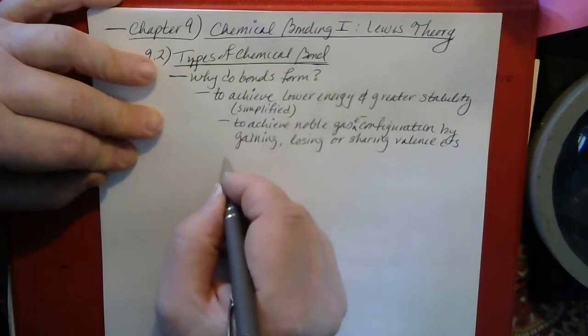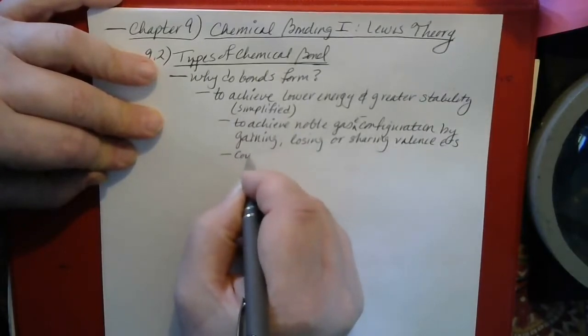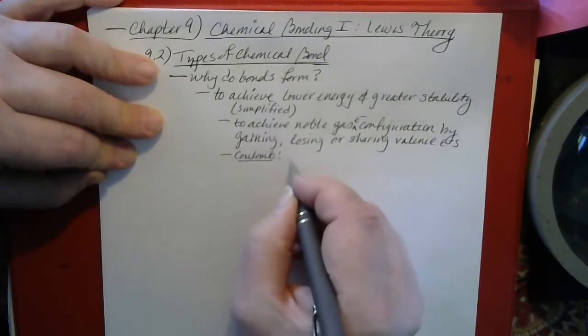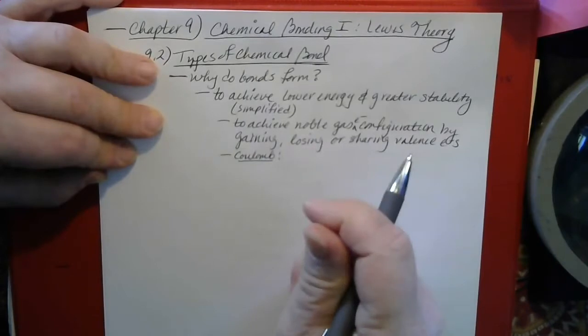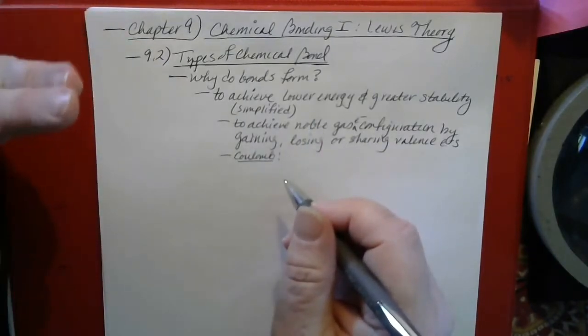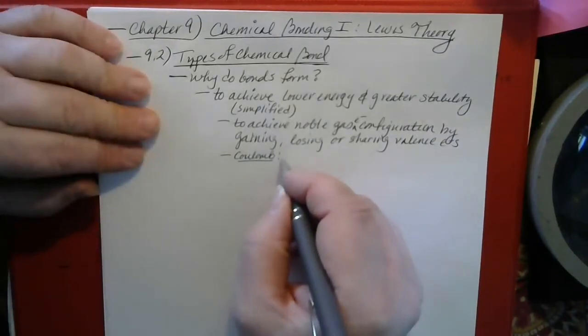A less simplified version is according to Coulomb's law. When atoms approach, the electrons of one atom can be attracted to the nucleus of the other atom, and vice versa.